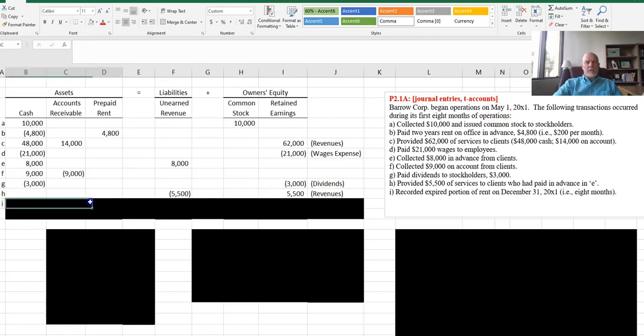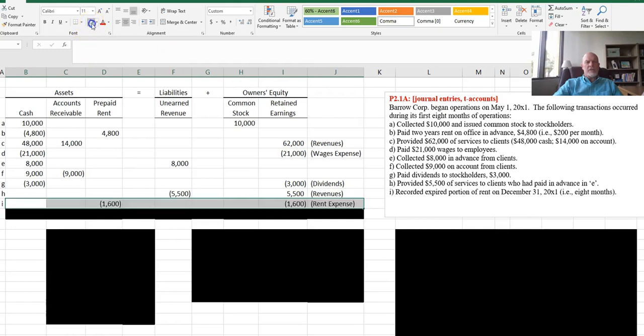When 8 months expires, at $200 a month, that would be $1,600. So we're going to reduce the prepaid rent for the amount that has expired, $1,600, and that expired portion now relates to the past, so that's a $1,600 rent expense. So both sides of the equation have come down.